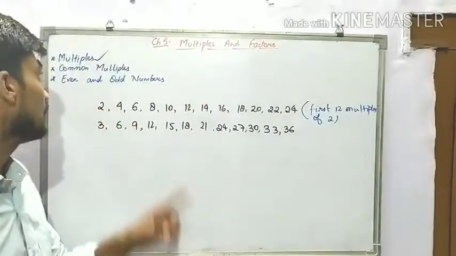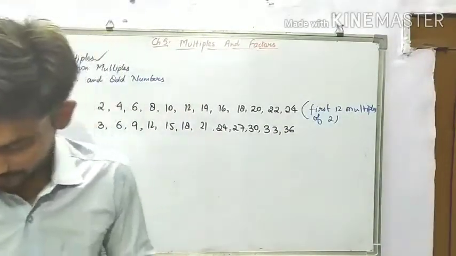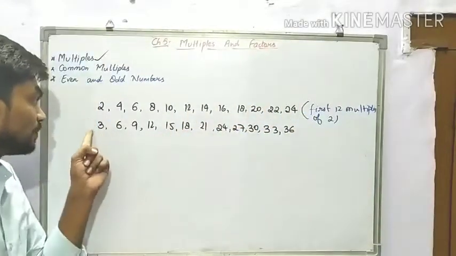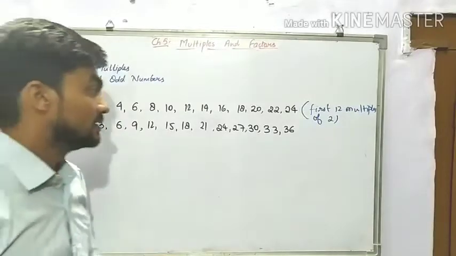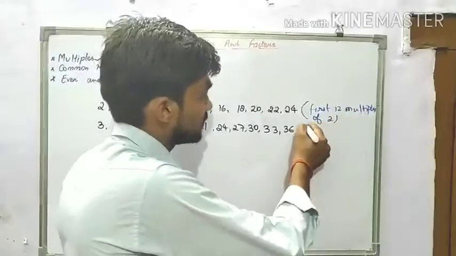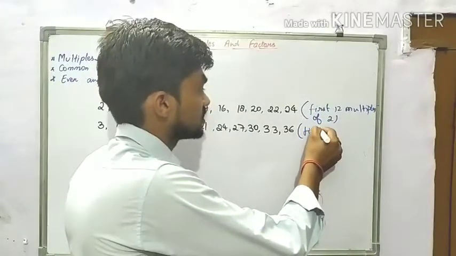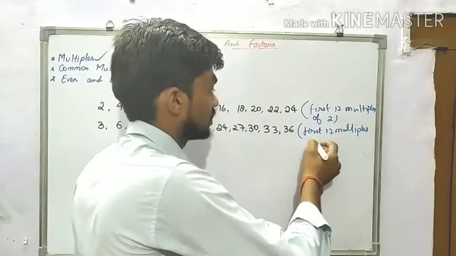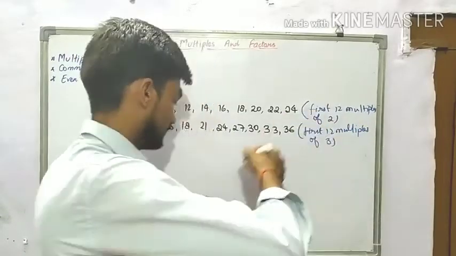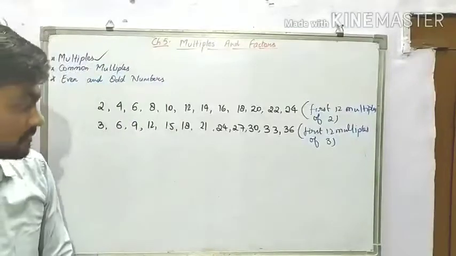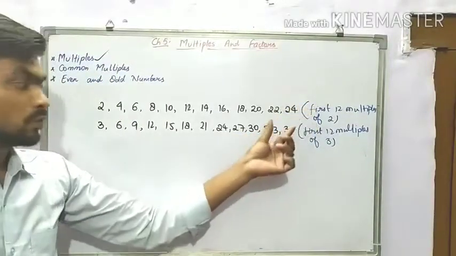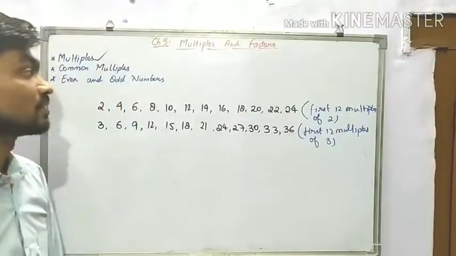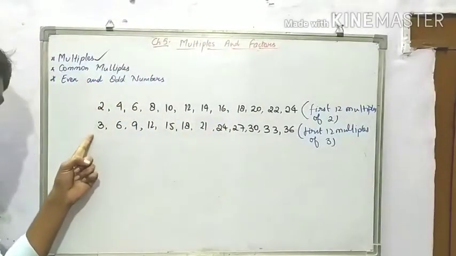Keep in mind we are studying common multiples now. So if you see closely, these are the first 12 multiples of 2 and the first 12 multiples of 3. Now here a very important result we have to see. 2 and 3 are the same?